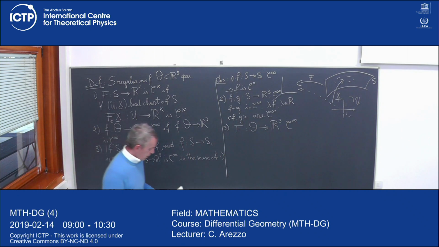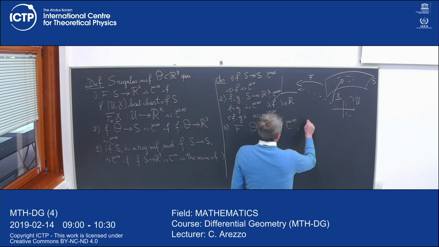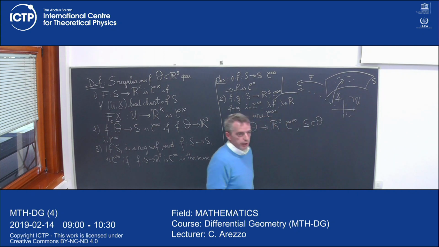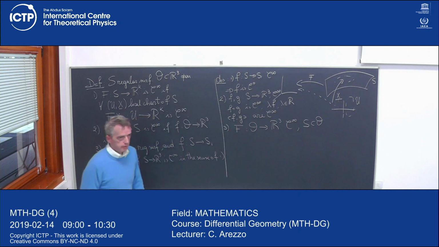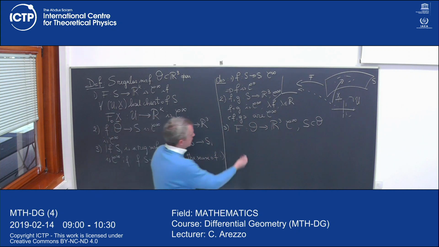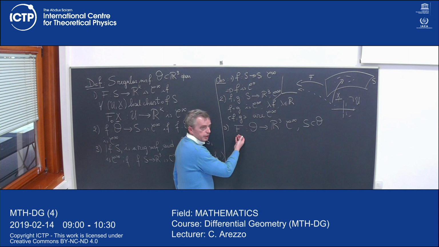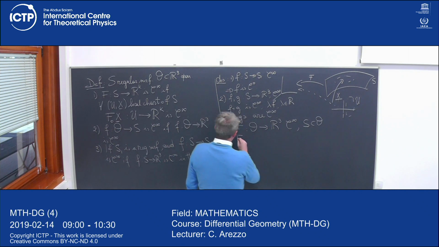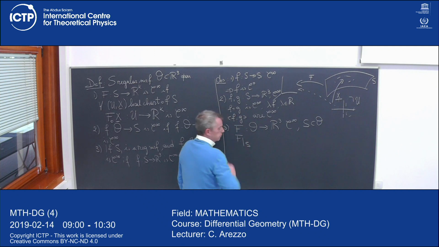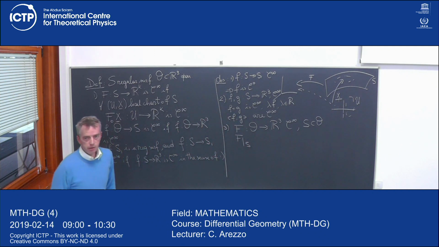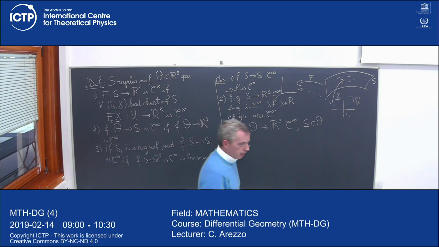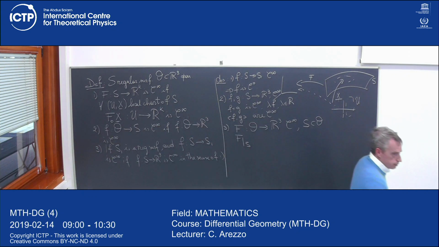And now, suppose that you are taking your surface inside O, or if it's not true, you take the intersection with this open set. Then, of course, you can restrict this function to S. So the restriction of a differentiable function on the ambient space to a surface passing through this domain, is it still smooth or not?